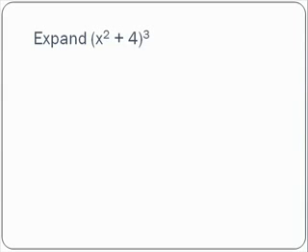Now let's take this one. We have a binomial again, so notice this is 2 terms. So an x squared is 1 term plus 4, so there's the binomial, and we're raising it to a power. Okay, so we have a coefficient times the first term, which is x squared, raised to the third.